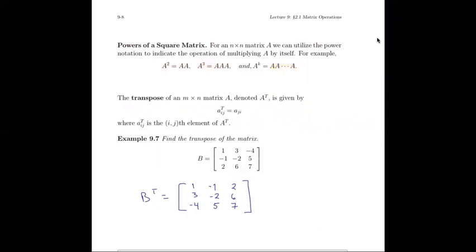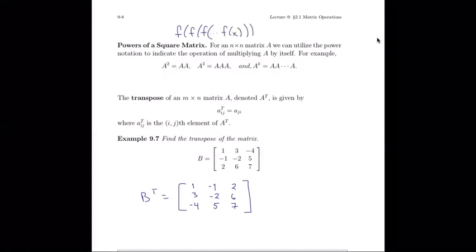This is really similar to, back in calculus, if we thought about f of f of f, and maybe there are k of these, all the way down to f of x, however many parentheses should go there. We could apply a function to itself over and over. If f is something like the square root function, we could put a number in a calculator and just push the square root button over and over.